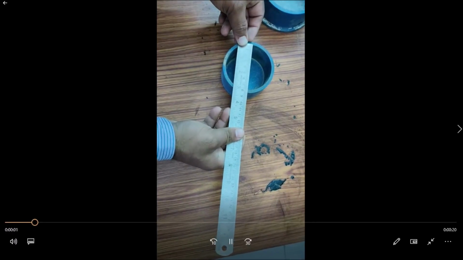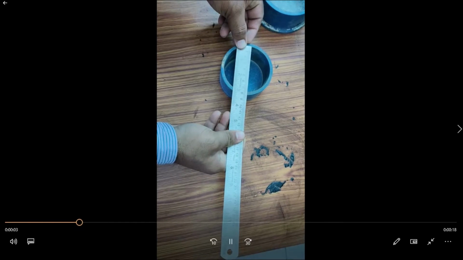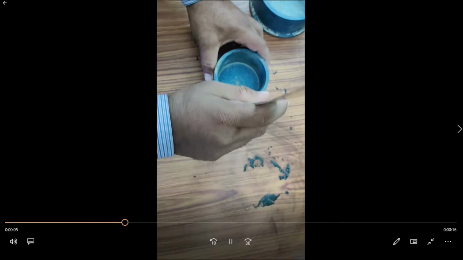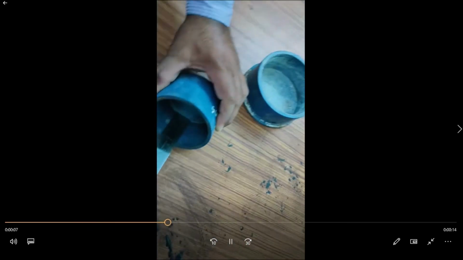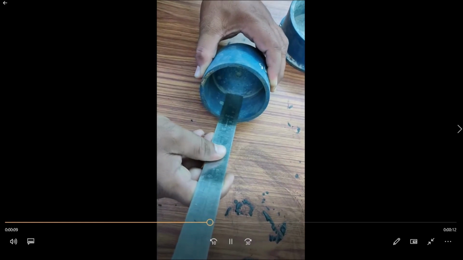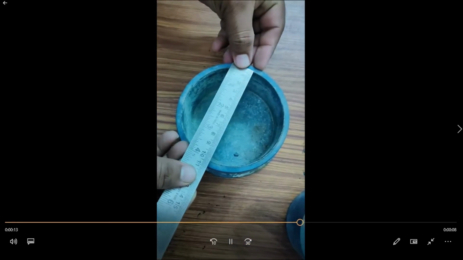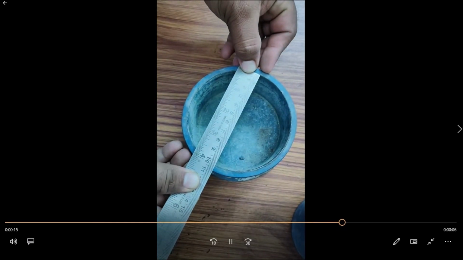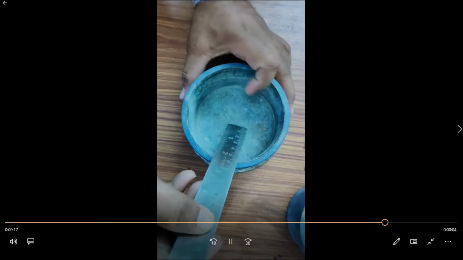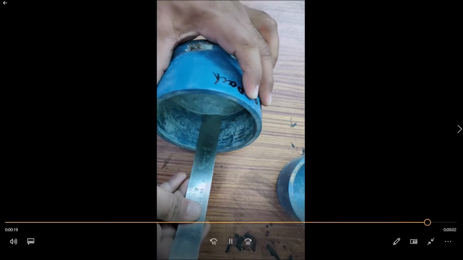This is the cylindrical mold having diameter 75 mm and its depth is 50 mm. Here the cylindrical measure has a diameter of 100 mm and its depth is 50 mm.